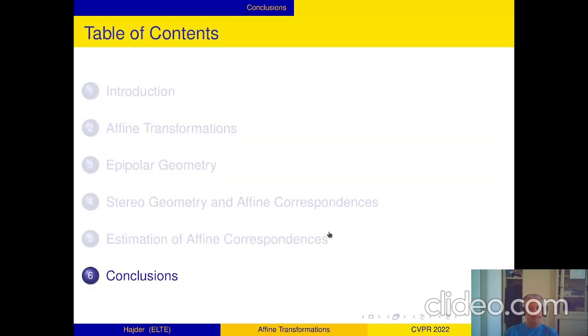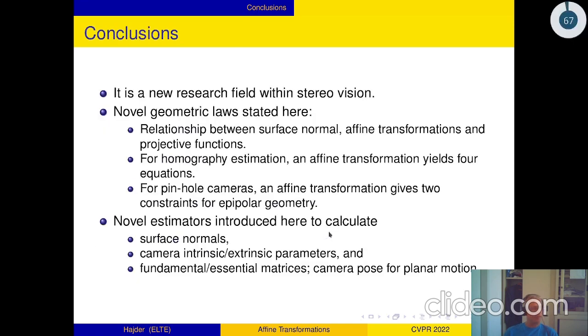So finally, I would like to conclude my tutorial talk. The topic was the utilization of affine transformations for stereo vision problems. I think that this is a new and very important research field within stereo vision. Here, three geometric laws have been stated. One, the most important one, connects surface normals, affine transformations, and camera parameters, projective functions.